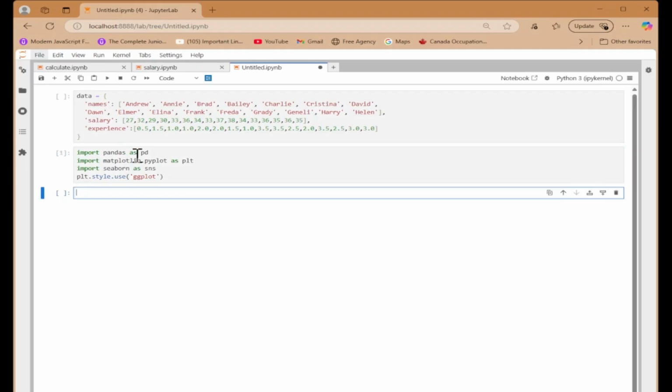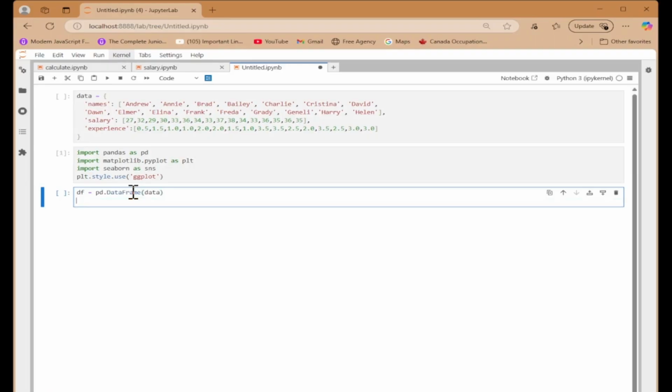And once we have the importation and we have the data, we can now read in the data, which is already here. We can read that: df equals pd.DataFrame, read data.